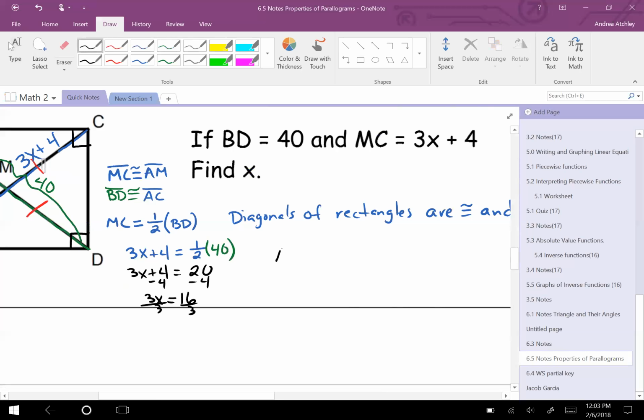I'm going to get x equals 16 divided by 3. 3 goes into 16 5 times. 3 can go into 10, bring my decimal up, 3 times. And it's just going to keep repeating. So it's going to give me x equals 5.3 repeating, units. Any questions over that? We're all good?